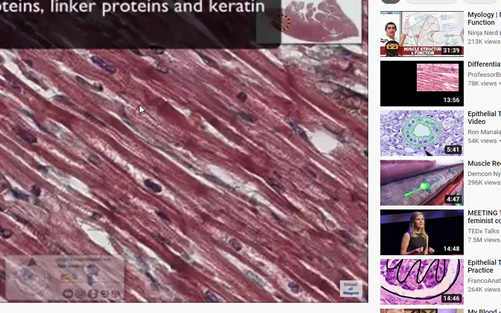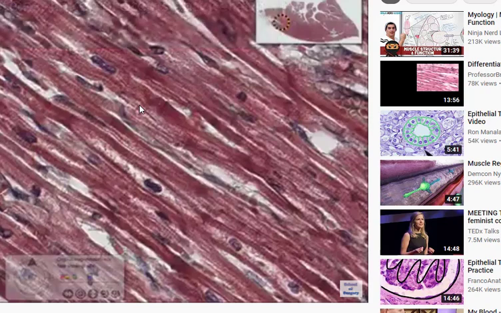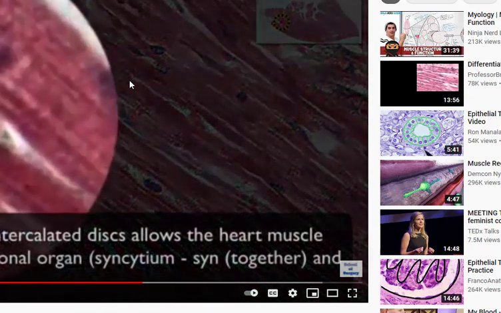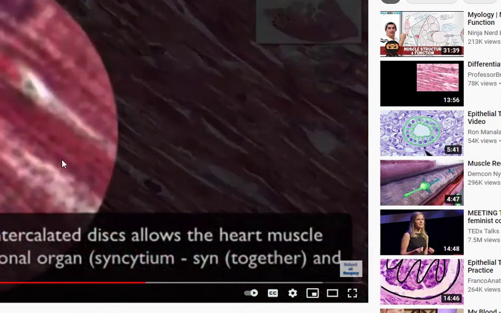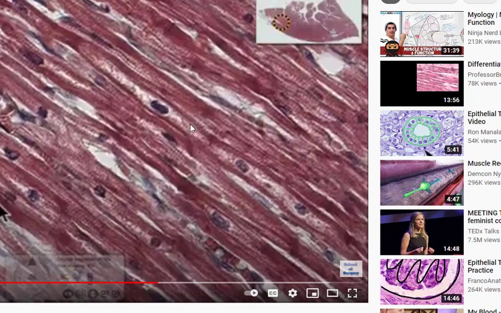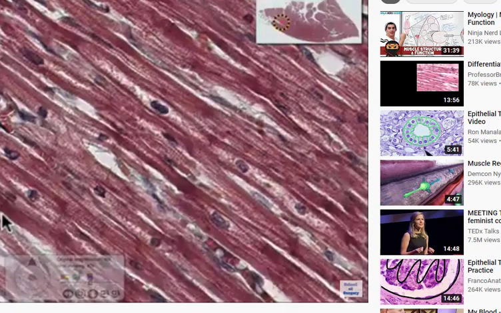So this cluster of gap and desmosome junctions is called an intercalated disc, and each fibre is knitted to the next one by intercalated discs. And once you've spotted one, you can see a few more. There's one here, one over here, another one down here as well. So that's another giveaway that we are in cardiac muscle.